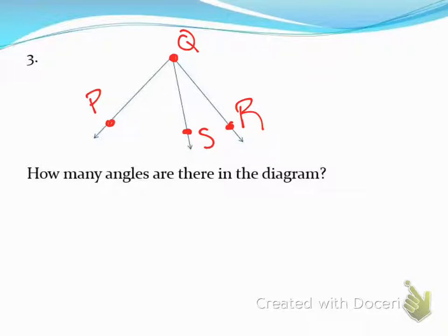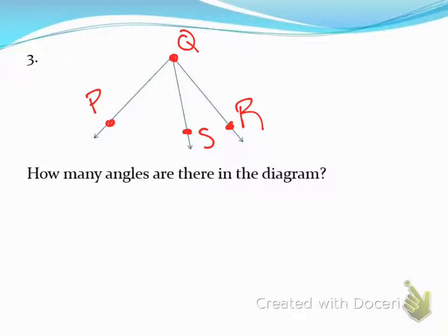How many angles are there in this diagram? What do we think? 3, 4. Interesting. 2, 1.